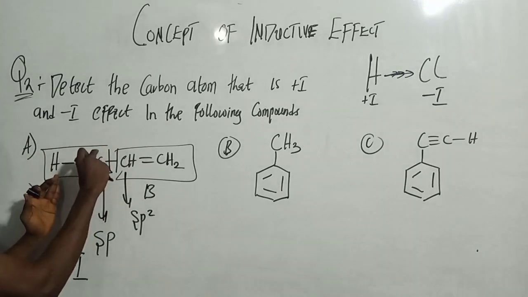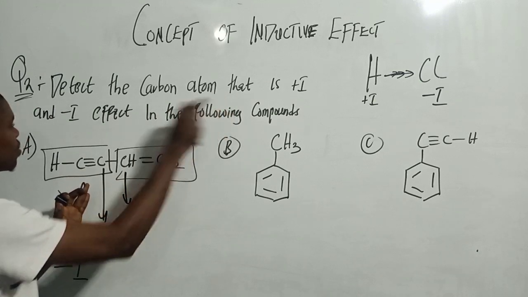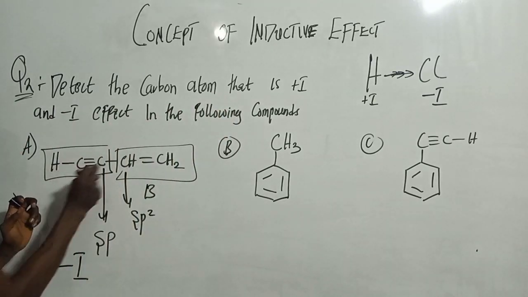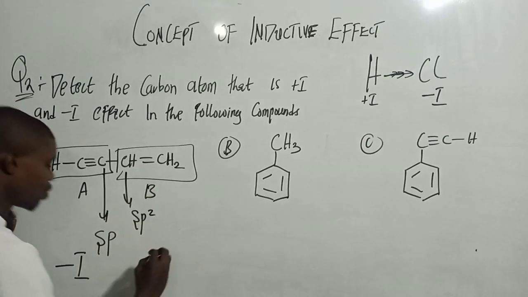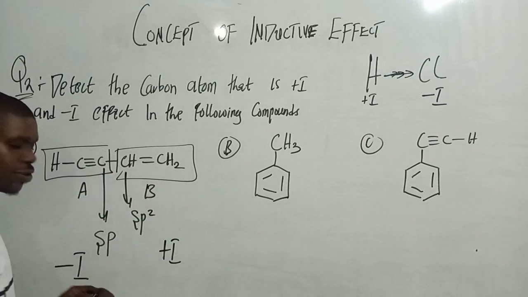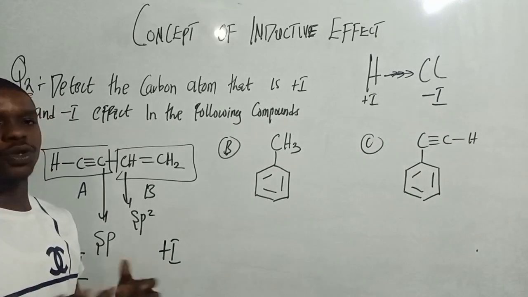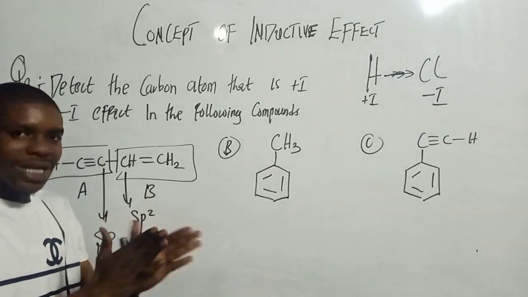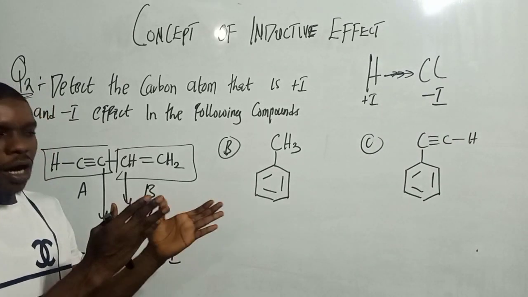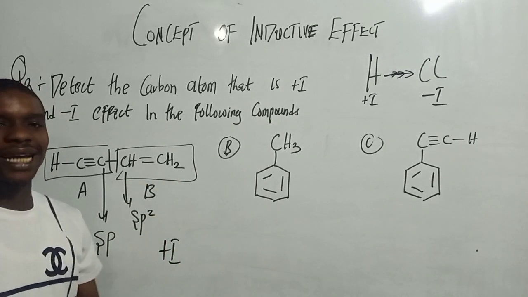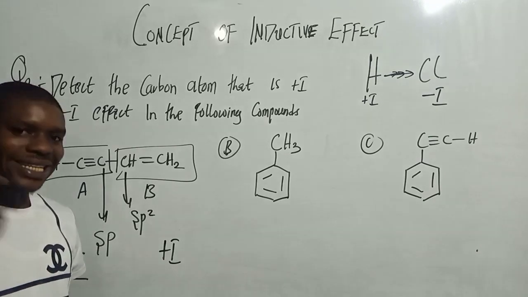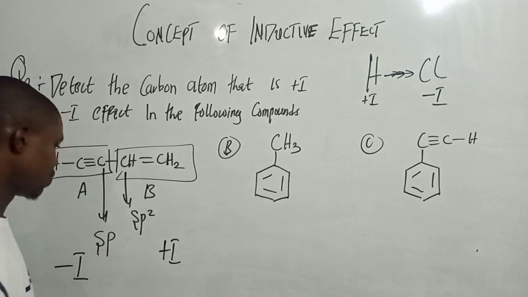So this region here is the minus I effect, while this one is going to be the plus I effect. Do you see the reason why you need to understand and master the plus I effect and minus I effect group I've given to you? It's very important. And secondly, we are going to use that in the application of the inductive effect. You don't want to miss that video.